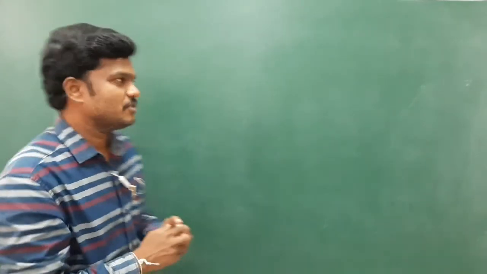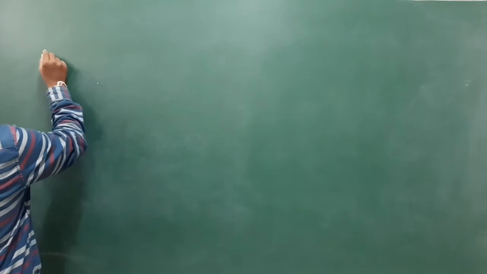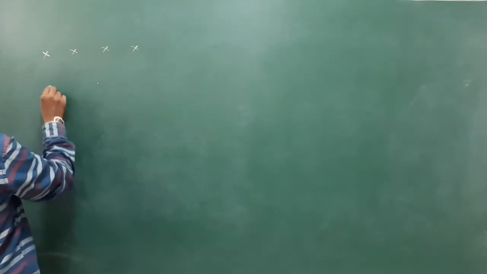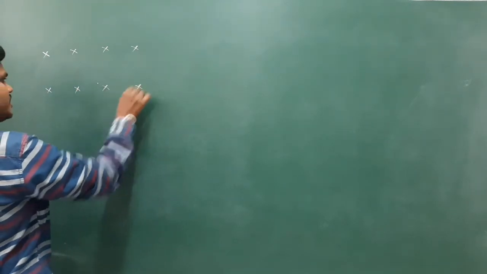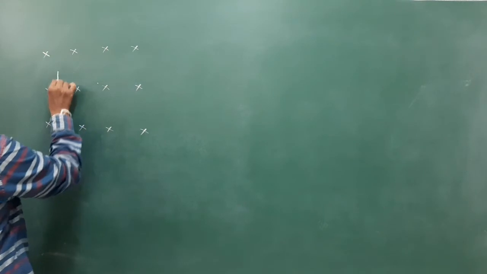So let's see one more example. Try to identify the direction of the induced current. I am giving you one more problem to practice. There is an inward magnetic field, and see the rod.